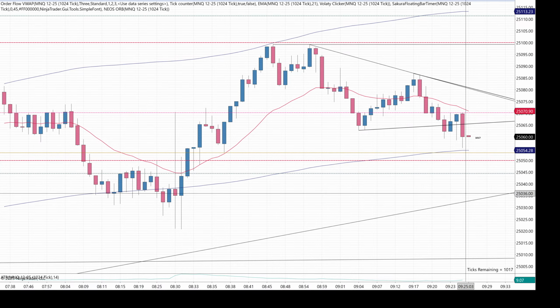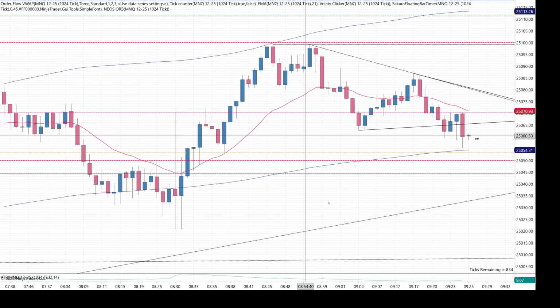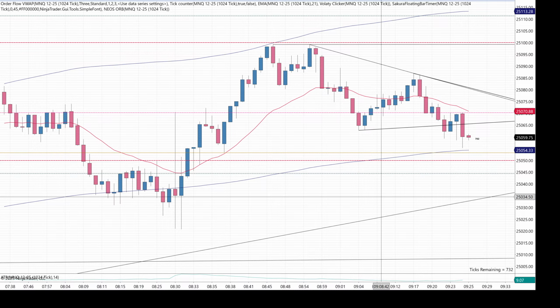Runner is still running. I'll go ahead and reload my historical data at the beginning of our session, just in case.